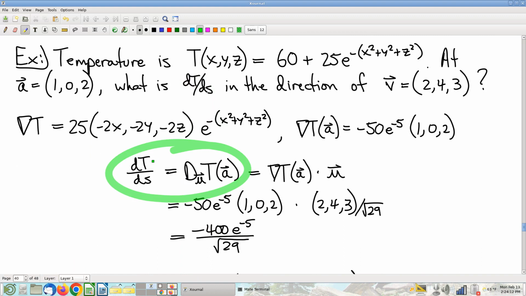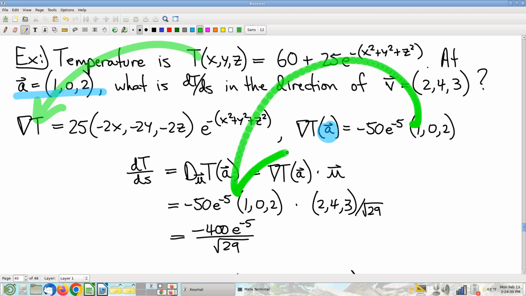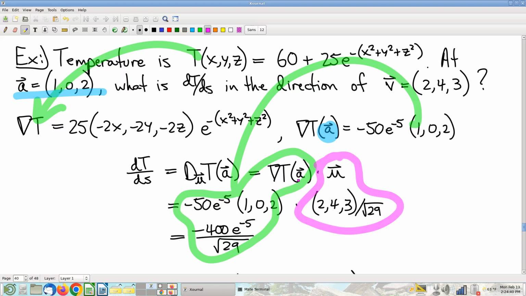Again, directional derivatives are computed with this dot product. So again, I just have to compute the gradient. You take your function T, take its gradient, and plug in the point in question. Altogether, that gives you your gradient vector that you then dot with the unit vector defining the direction that you're going.